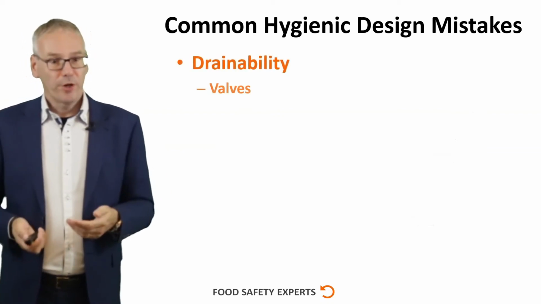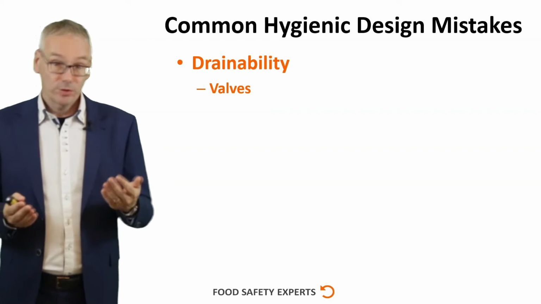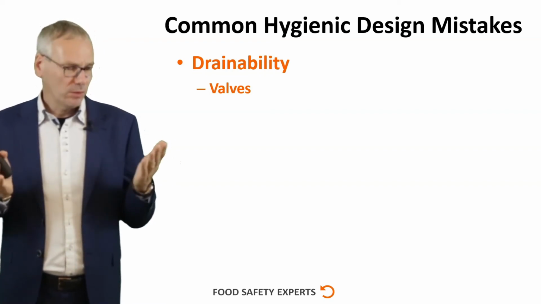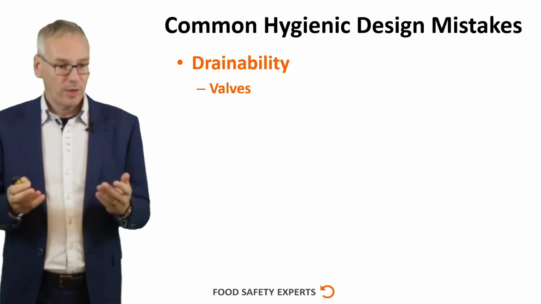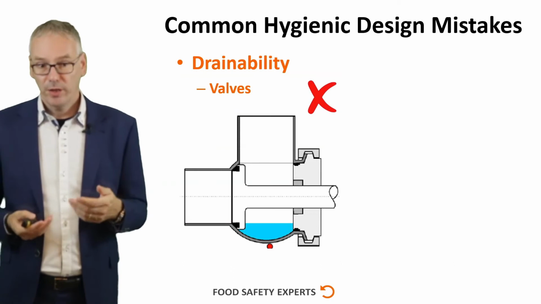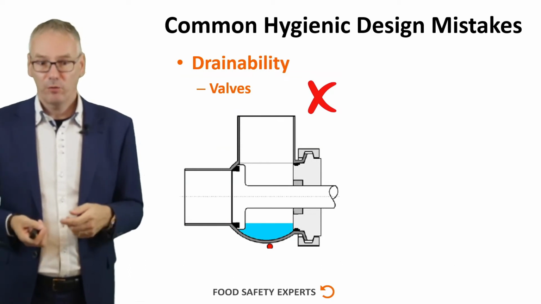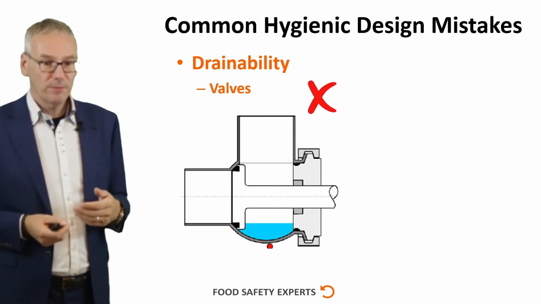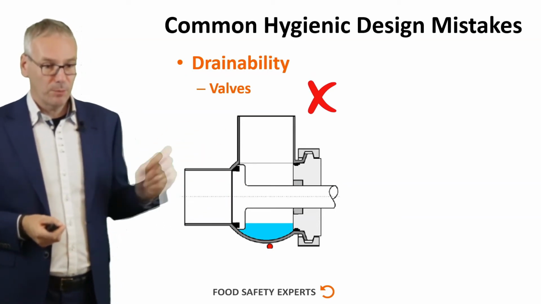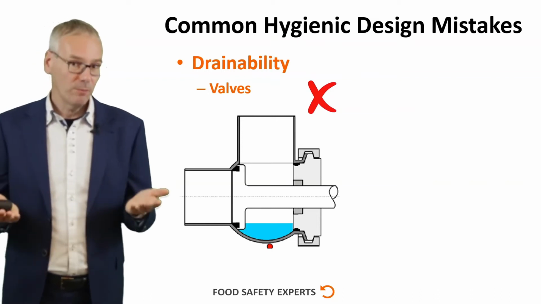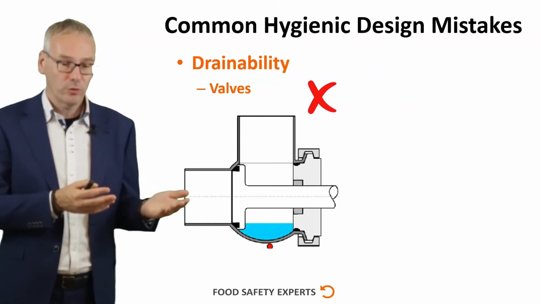And in terms of drainability, valves are also really important to look at. You might say, well, if I have a hygienically designed valve, everything should be okay. In theory, the valve that I show here is a hygienically designed valve, but it's installed in the wrong way. As you can see in this valve at the bottom, there might be remaining liquid. So you can still create a biofilm and get a problem over time.